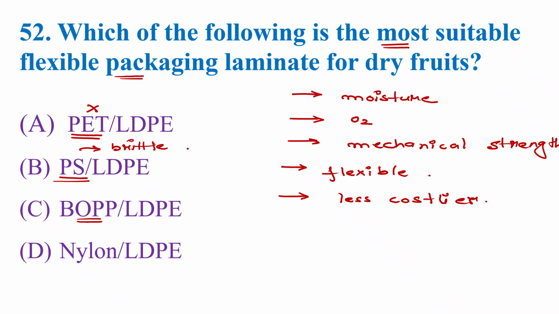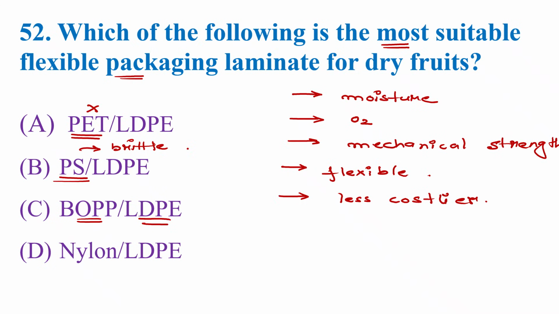It has a good moisture barrier property, good clarity and transparency, an attractive appearance, good stiffness and strength, and good printability. And LDPE, that is low density polyethylene, has excellent heat sealability, it's flexible and it acts as an inner sealing layer.